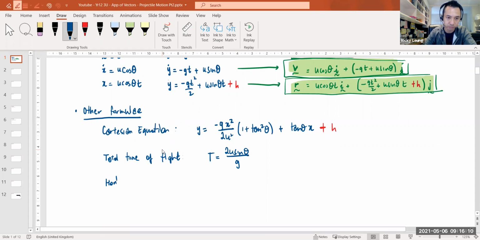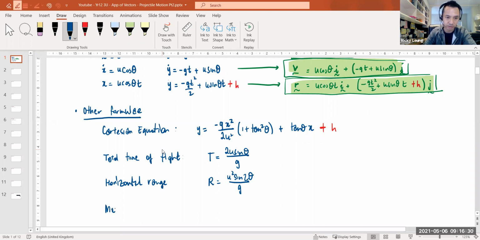Horizontal range: R equals, now subtle, u squared sine double angle on g. See, there are 2s and us and thetas and gs everywhere.